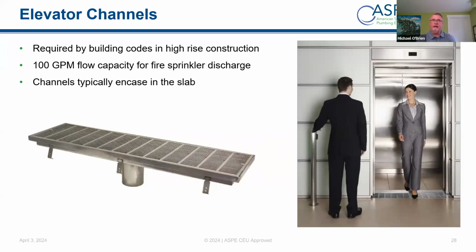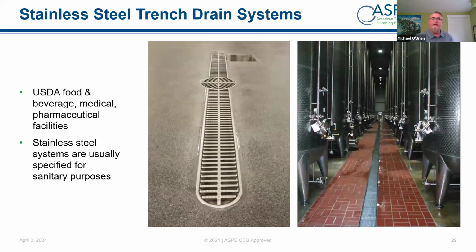I believe this is code in a lot of states in the US. We're not seeing it so much here in Canada, but at some point I expect that it will be a requirement.